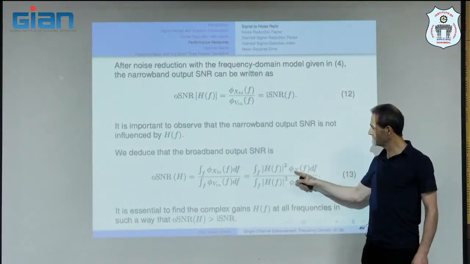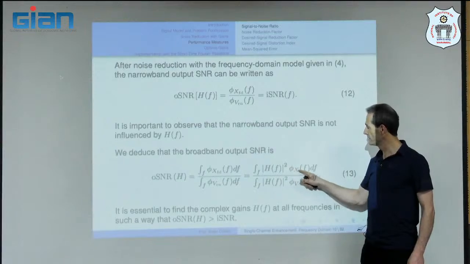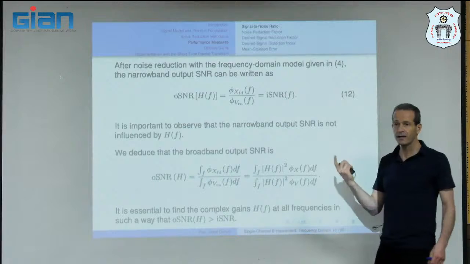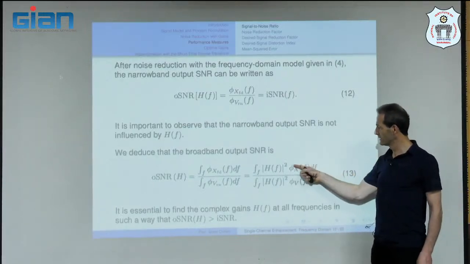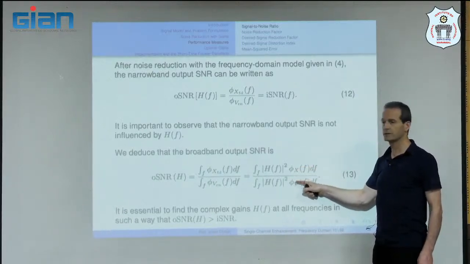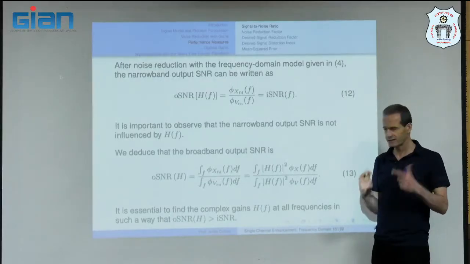It's better for me to take higher H when phi x is high, because then the integral will be higher. Which means that when the signal is higher, we said that this is constant, just for the example, I try to simplify things so you get intuition.